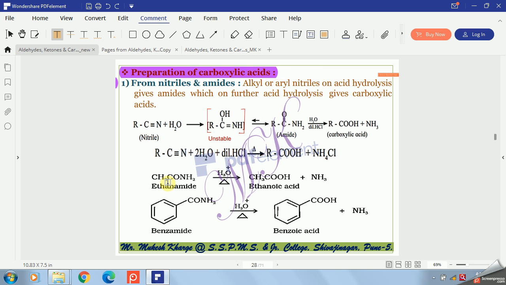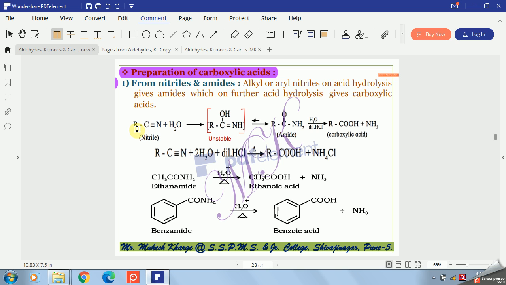So let us consider the example. R is equal to CH3. If you write CH3, then your amide is CH3CONH2, ethanamide. And how will you get this ethanamide? From CH3C≡N. There are two carbons, so your nitrile is ethane nitrile, and the alkyl group is CH3, so methyl cyanide is the name. CH3CN, CH3 methyl, and CN functional group cyanide.